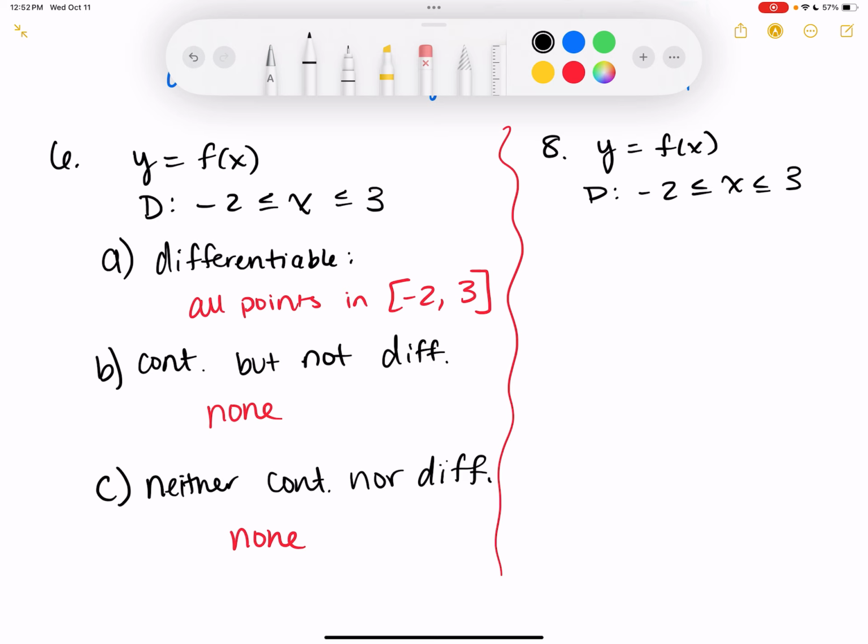Then at 0, because open up here, close down here, and then we also have another opening there, but it does have a dot to fill it.